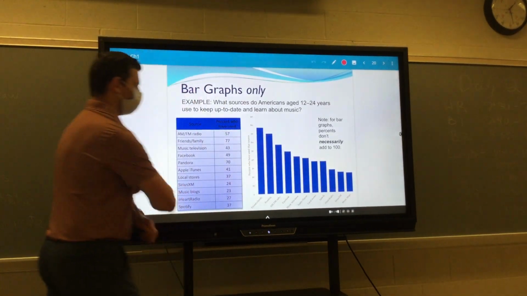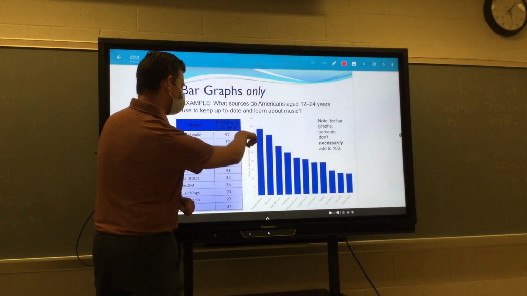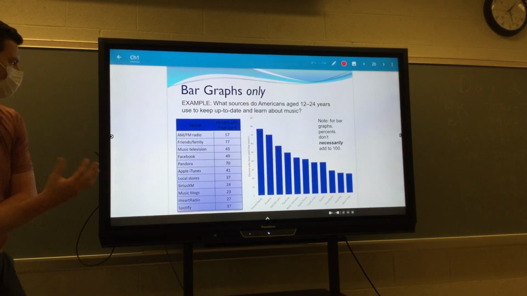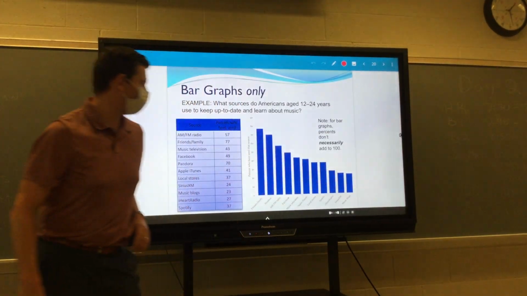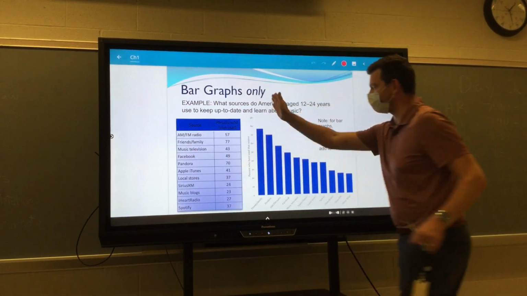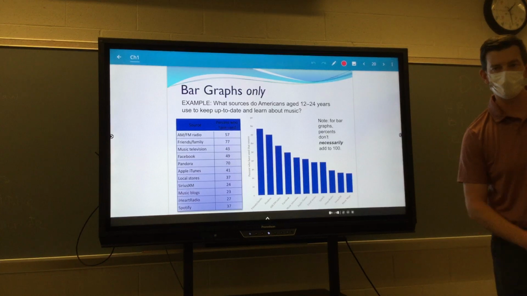And on this bar graph, we have the percent who have used that source for learning about new music. These are clearly put on there in descending order. So friends and family, word of mouth, that's the highest, going all the way through music blogs is the lowest.